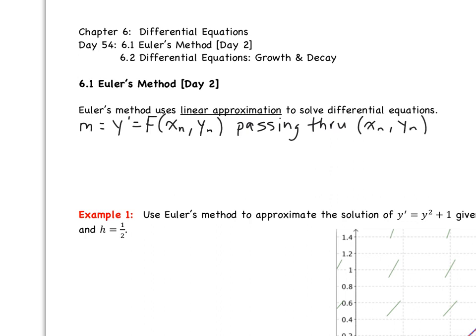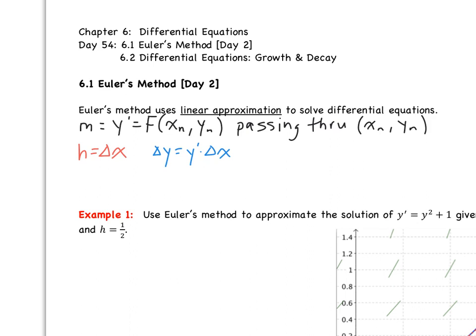We're going to need to talk about this h. This h value is our delta x, so that change in x. We're going to have a delta y, which is going to be our y prime, or our slope, times delta x, or h.